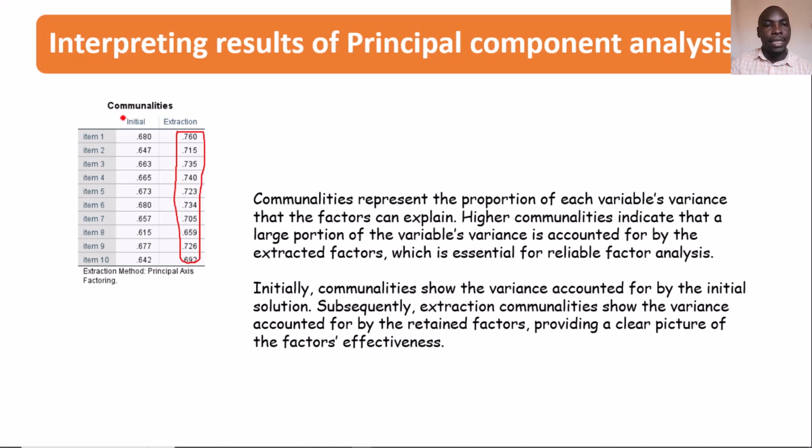When you look at it, initially, the communalities show variance accounted for by the initial solution. But subsequently, extraction communalities show the variance accounted for by the retained factors, providing a clear picture of the factors' effectiveness.